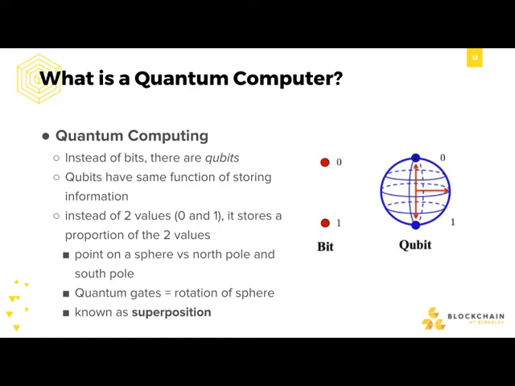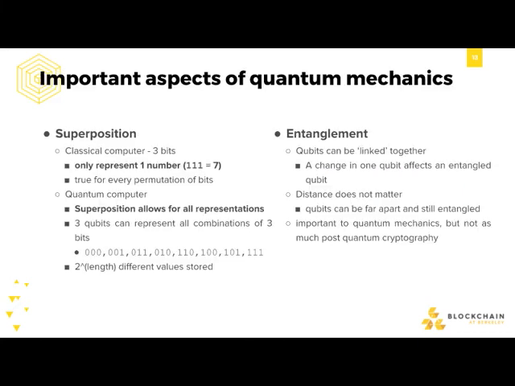Just as in classical computing you have logic gates like AND, OR, XOR, in quantum computing you have quantum gates, which you can imagine as rotating the sphere in order to transform the qubit. This whole idea of a qubit having both the values of 0 and 1 is called superposition.